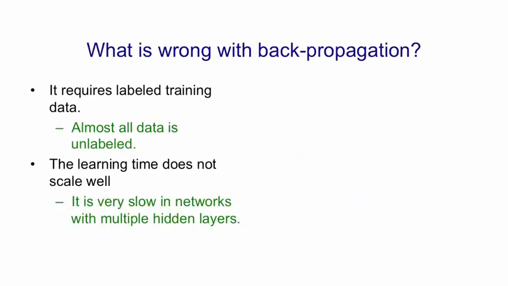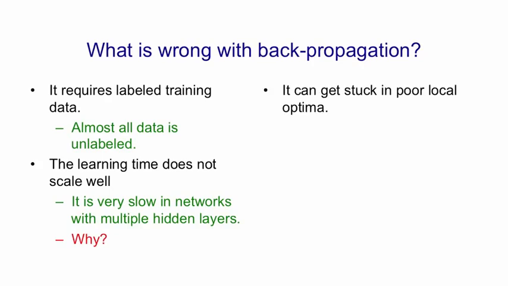A second problem is that for deep networks, the learning time does not scale well. When there are multiple hidden layers, the learning was very slow. You might ask why this was, and we now know that one of the reasons was we did not initialize the weights in a sensible way. Yet another problem is that backpropagation can get stuck in poor local optima.